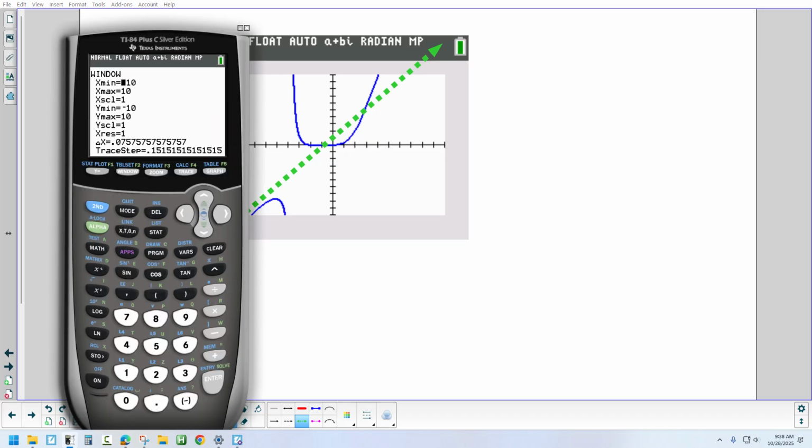Okay, so let's see if we can get a better window. Let's set the Ymax up to, let's try like 35. Let's try the X-min at -25. And let's do the same for the Y-min. So my goal is to see a little bit more in the lower left and more in the upper right.